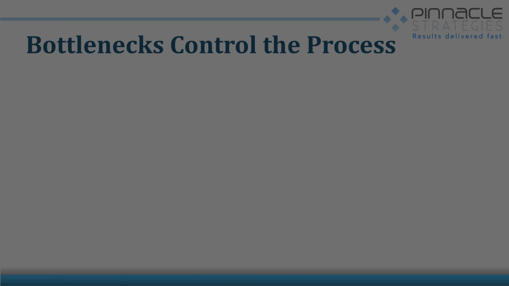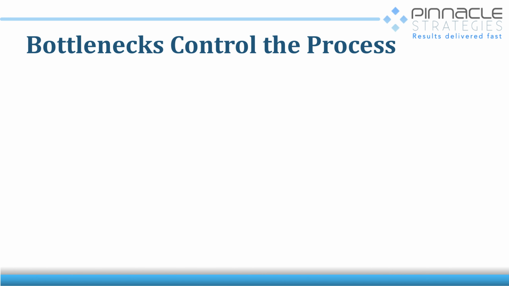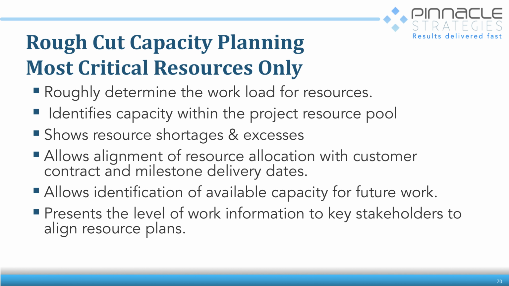So remember, bottlenecks control the process. If they control the process, that's where we're going to focus. We're going to roughly determine the workload for the resources. People get all hung up here, but whether it's hours, dollars, pieces, or work packages, it doesn't matter what the capacity unit of measurement is.